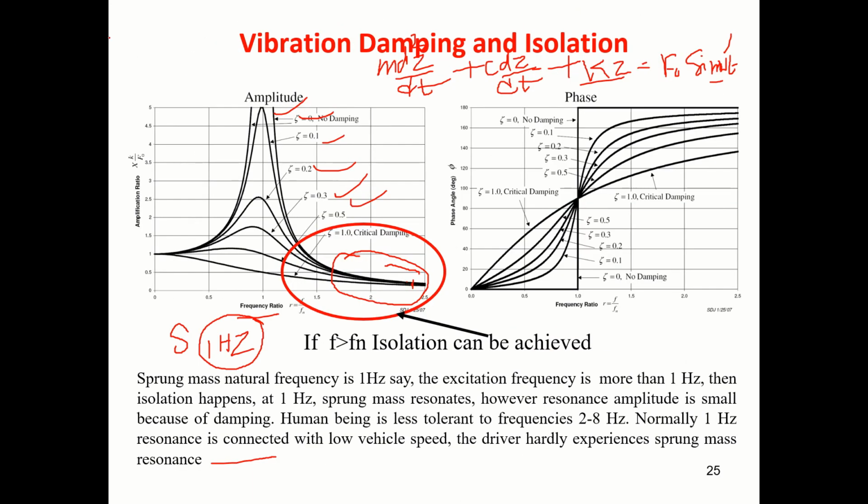Now if I fix that car's natural frequency as 1 Hertz, and my road excitation frequency is also 1 Hertz, that means if I make the vehicle run at a speed of something like 8 kilometers per hour, the car is subjected to an excitation frequency of 1 Hertz. Suppose I design my car's natural frequency as also 1 Hertz, then whenever I run the car at 8 kilometers per hour, there will be some kind of resonance.